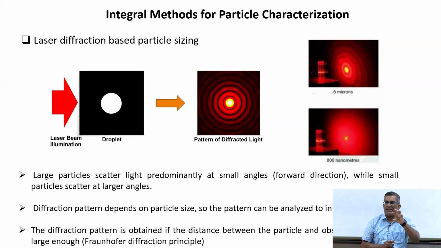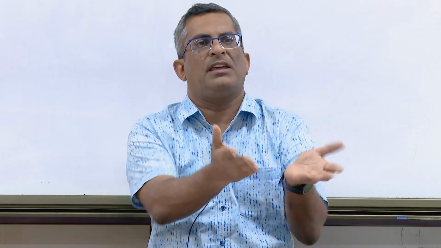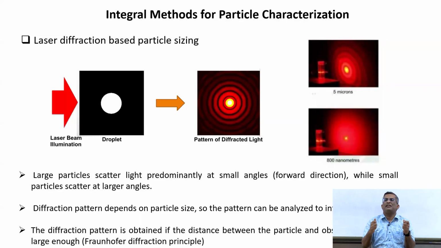At any particular location in the flow, you are measuring particle size, particle velocity or carrier phase characteristics. But there are also other methods, like integral methods, which provide this information in an integrated manner.